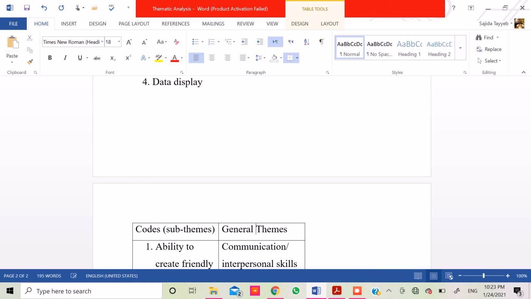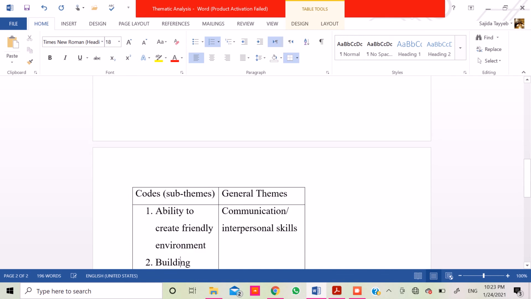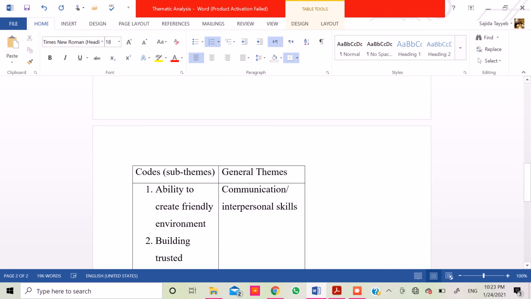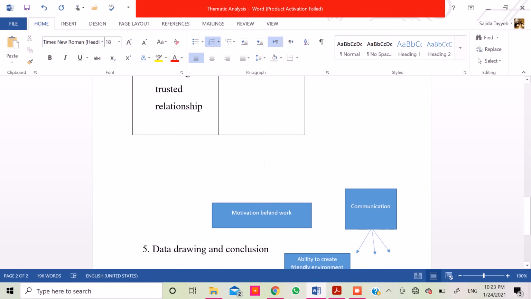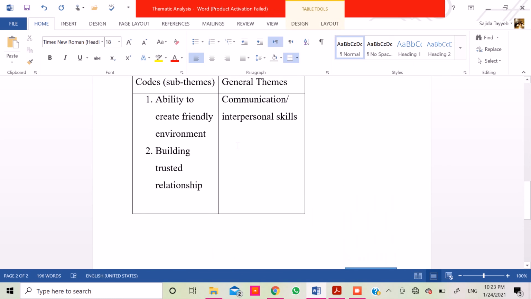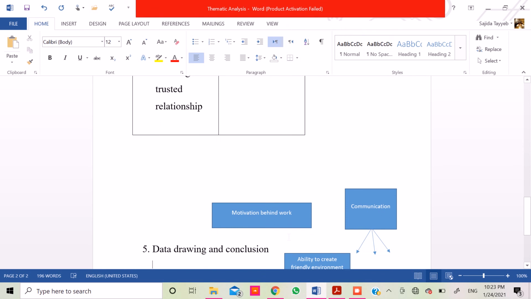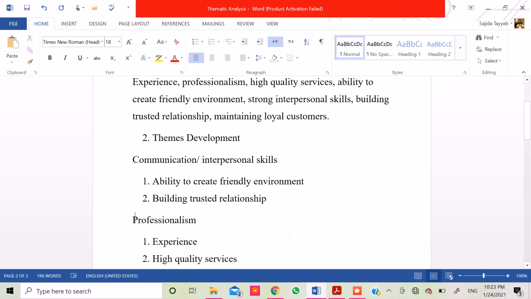This is how you do it, and people will understand that, based on these particular codes you have generated a general theme. Now it's up to you if you want to display it like this or with these figures. It's totally up to your own creativity. There's no restriction in that order. So this was about data display.